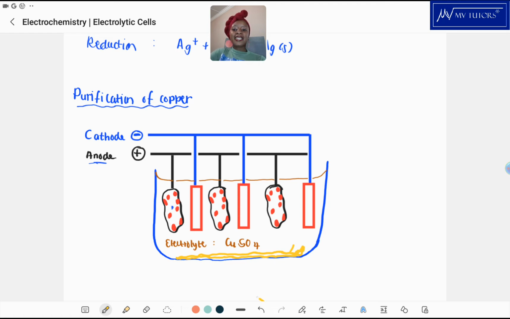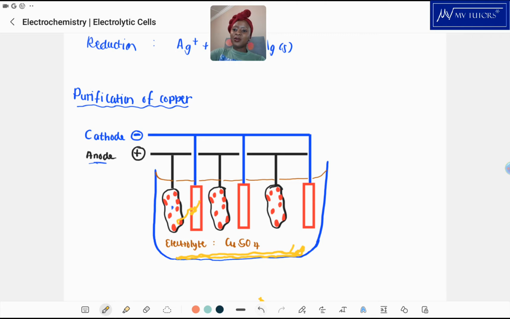Well, the table of standard reduction potentials will tell us if your silver, your gold and your platinum are strong enough to stay unreacted. By looking at the standard reduction potentials, we can be confident that your impurities will not be reduced.